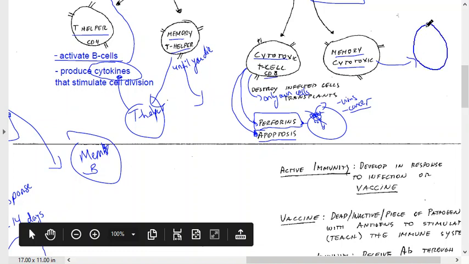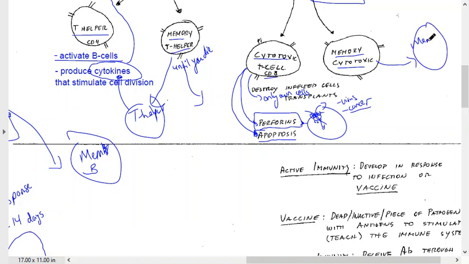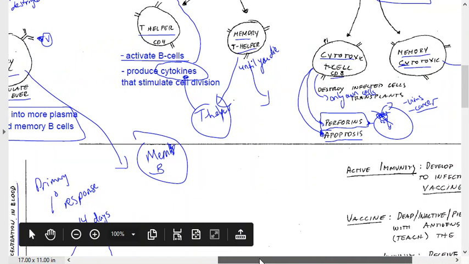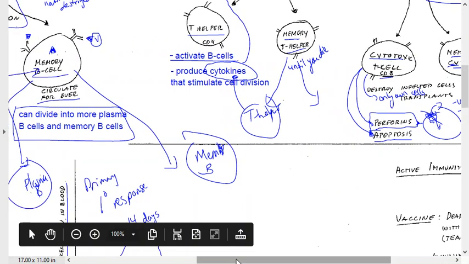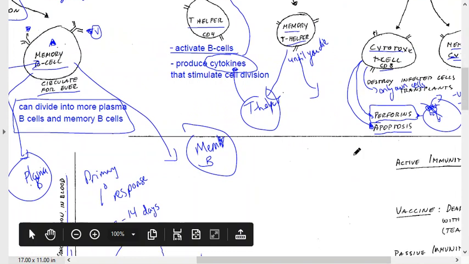They will make more memory cytotoxic cells, MEMC for cytotoxic, but they will also make more cytotoxic T cells that act like natural killer cells, right? So these are all the cells that are already in your body, ready to go again if that virus, antigen, whatever, bacteria shows up a second or a third or fourth time around, right?